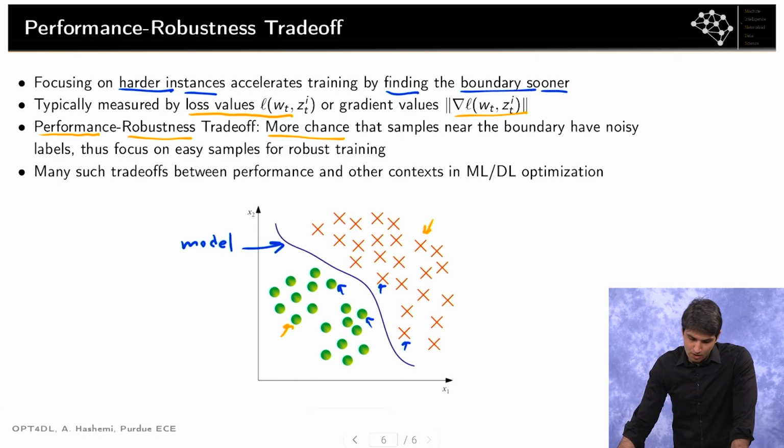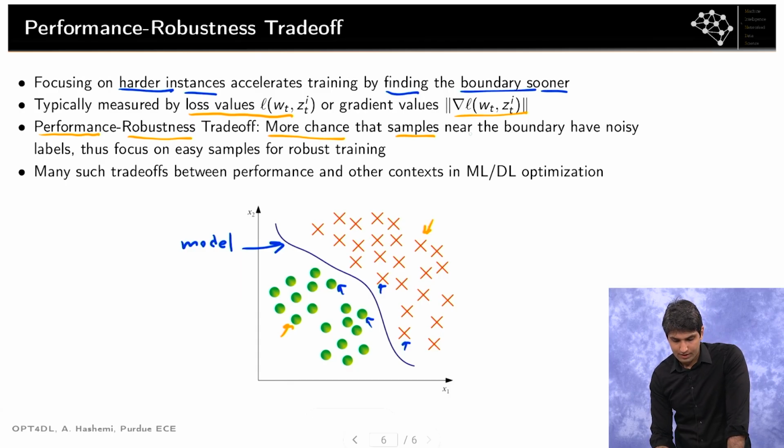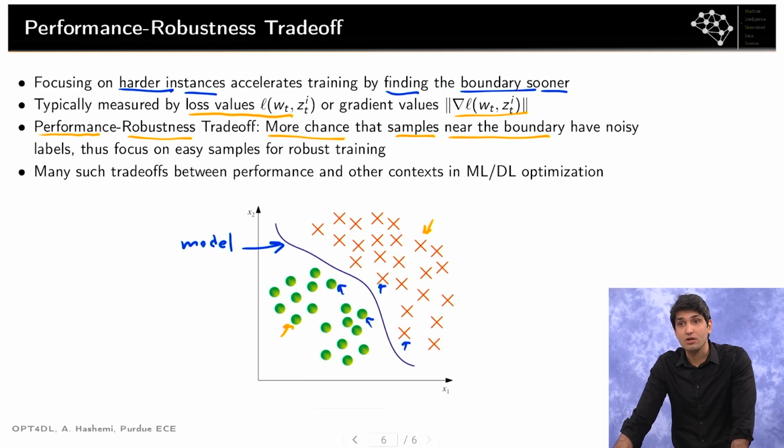Now, the chance of mislabeling intuitively is higher for the samples that lie near the boundary. So if we are focusing on the samples that are near the boundary, and it happens that those samples are noisy, then our solution is going to be wrong, meaning that it's not going to generalize as well as we hope for. Therefore, it's not going to be a robust solution.